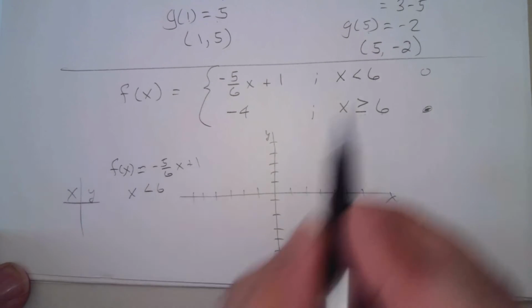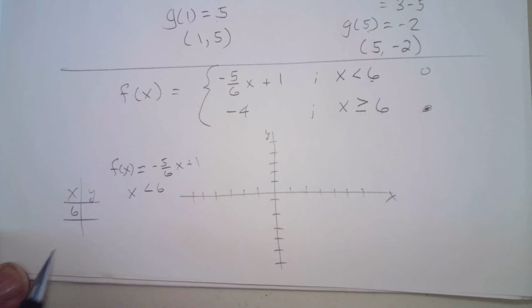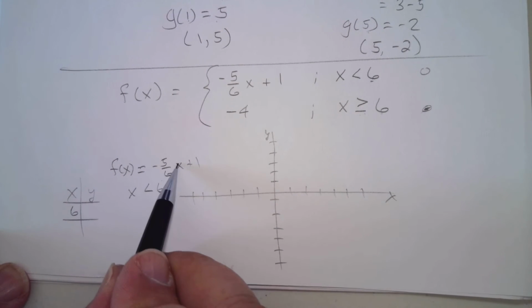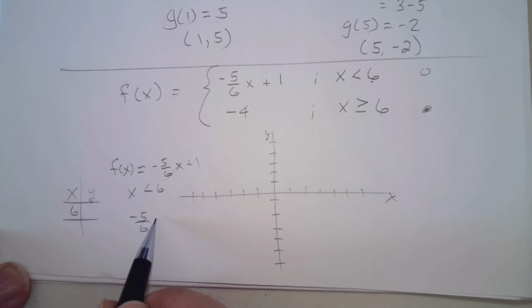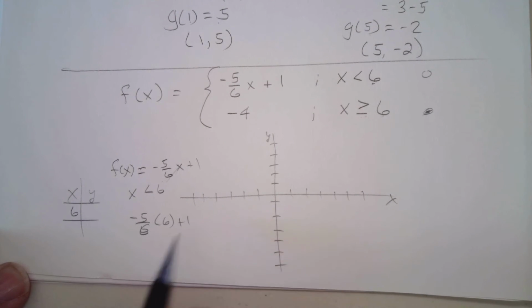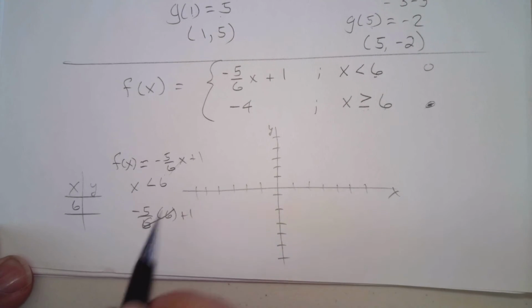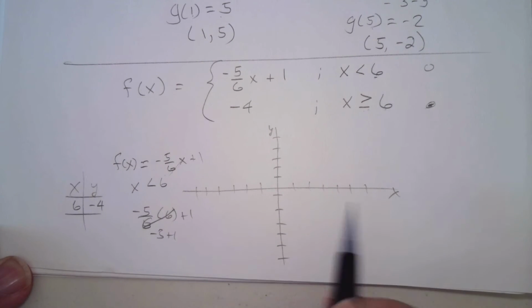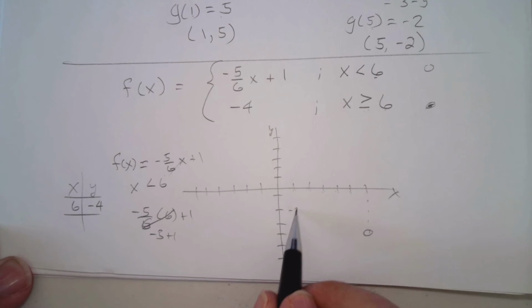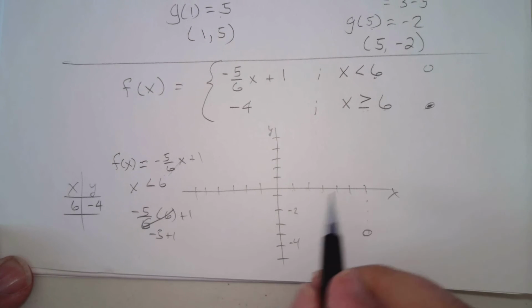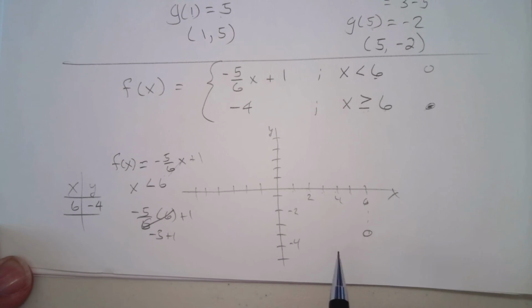So the first x I pick is the endpoint, 6. If I put 6 inside there for x, the 6's cancel. We have negative 5 over 6 times 6. So those cancel. Negative 5 plus 1 is negative 4. It's an open circle at negative 4.